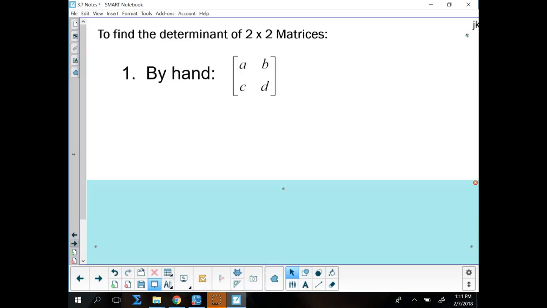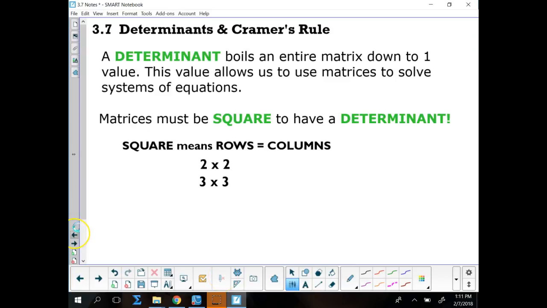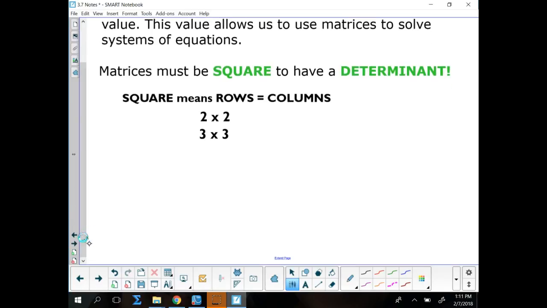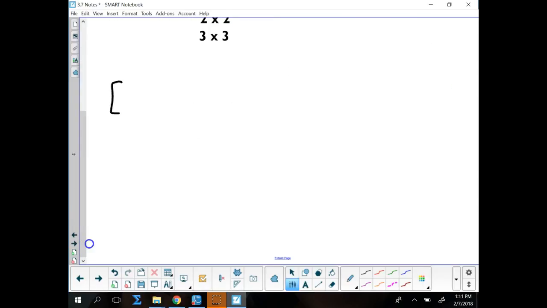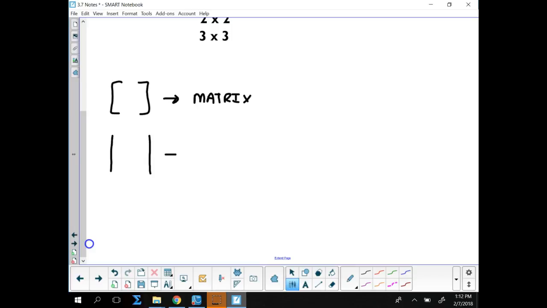Before we get to the rule, just popped into my brain, symbolism. When you have this, that is a matrix. Actually, let's go back a page, and then let's go down here. When you're in the bracket form, that means a matrix. When you're like this, with straight bars, that means determinant.